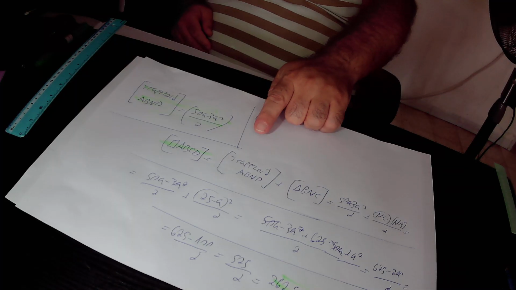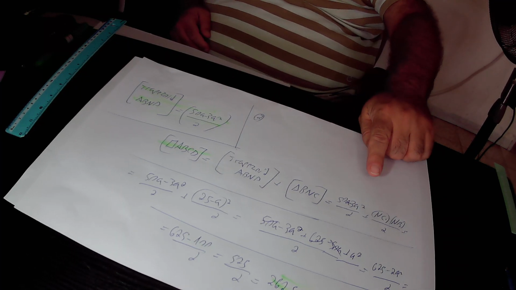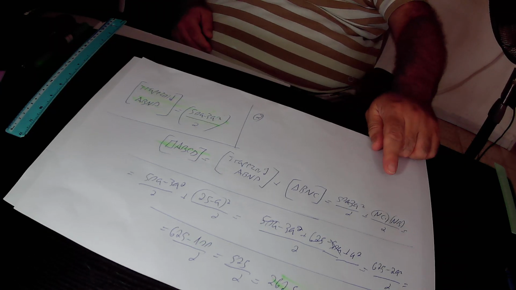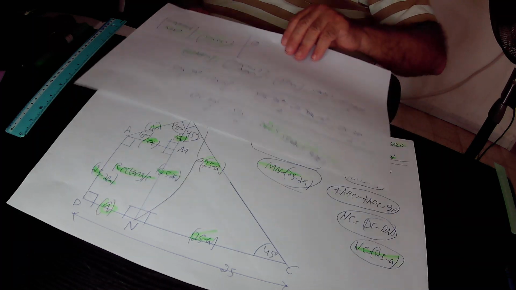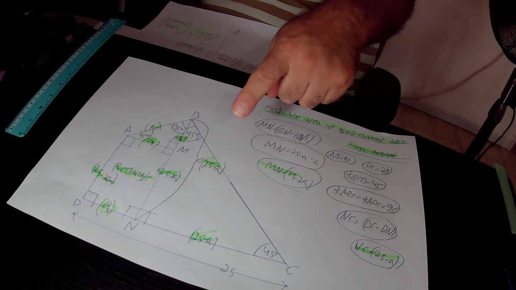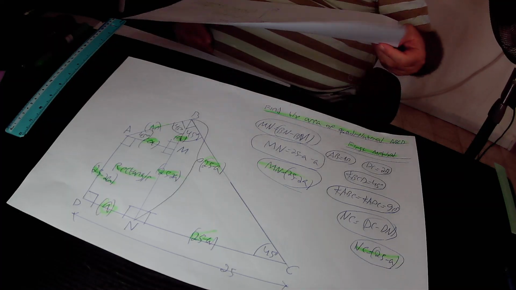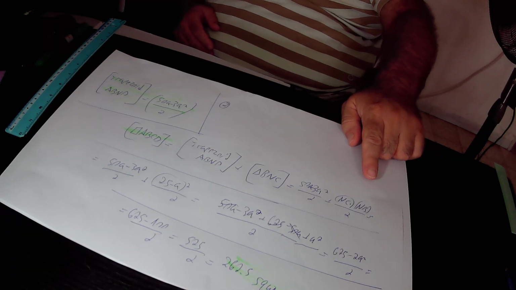We already found out that the area of trapezoid ABND equals 50a minus 3a squared over 2, plus the area of the right triangle BNC. The area of the right triangle BNC equals the base NC times the height NB over 2.